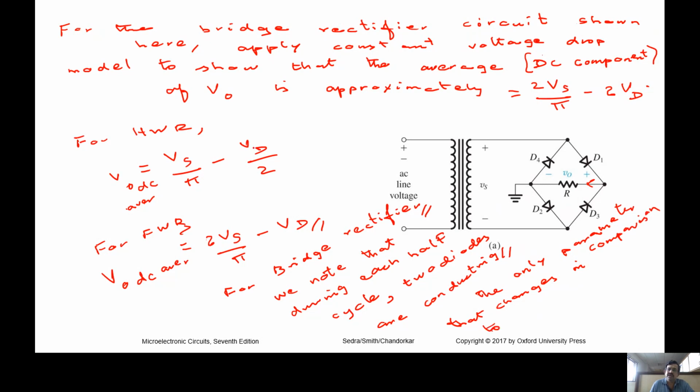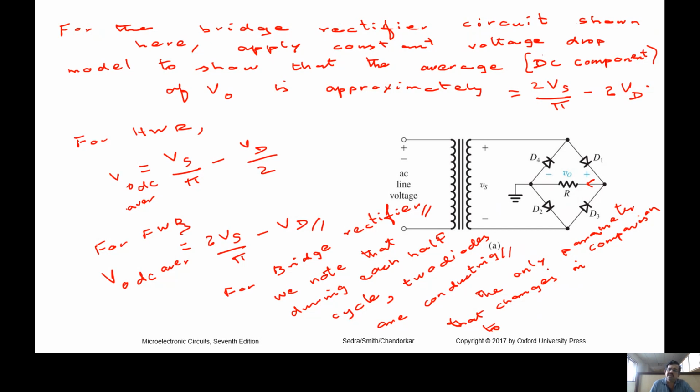See here, in the half wave rectifier it is Vd by 2. In the full wave rectifier it is Vd. Because in the full wave rectifier only one diode is working, but in a bridge rectifier two diodes are working under forward bias in any half cycle, whether it is the positive half cycle or the negative half cycle.